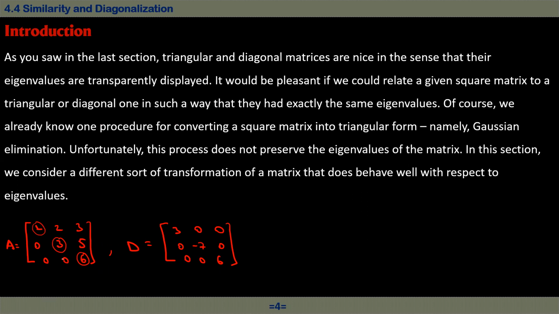Actually, it changes the eigenvalues of the matrix, which is not good for us. So one method we did here is converting a square matrix into triangular form using Gaussian elimination. Now in this section, we're going to study a different sort of transformation of a matrix that does behave well with respect to eigenvalues.